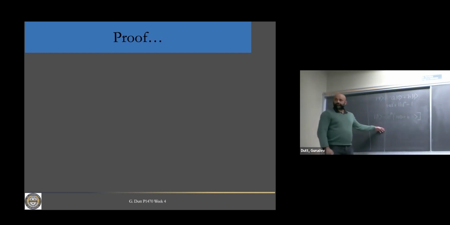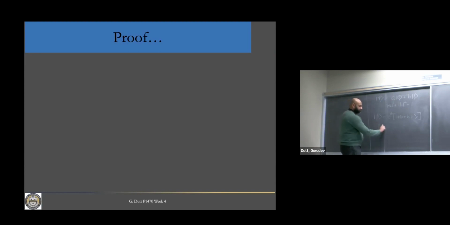Now I want to verify that this state is normalized, but it must also have the same probabilities for measurement along any of the bases that we want to look at. I'm only going to do it for two different basis sets.